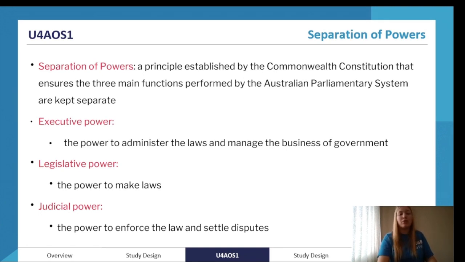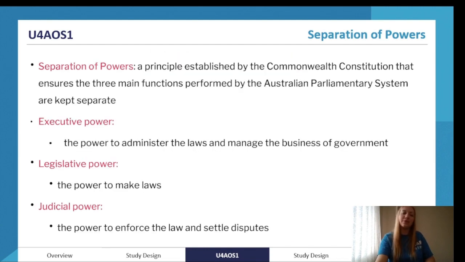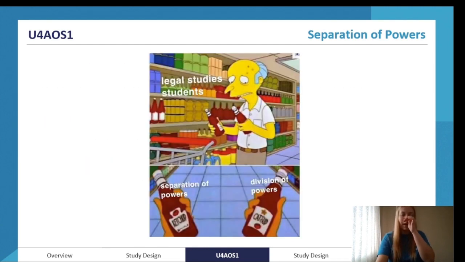So, in theory, judicial power is kept pretty separate, and you can discuss that as a strength for your evaluate questions. So, again, just a reminder not to confuse the two. Try to make it easy for yourself to remember somehow. I feel like separation and division have different connotations, and it sort of makes sense.